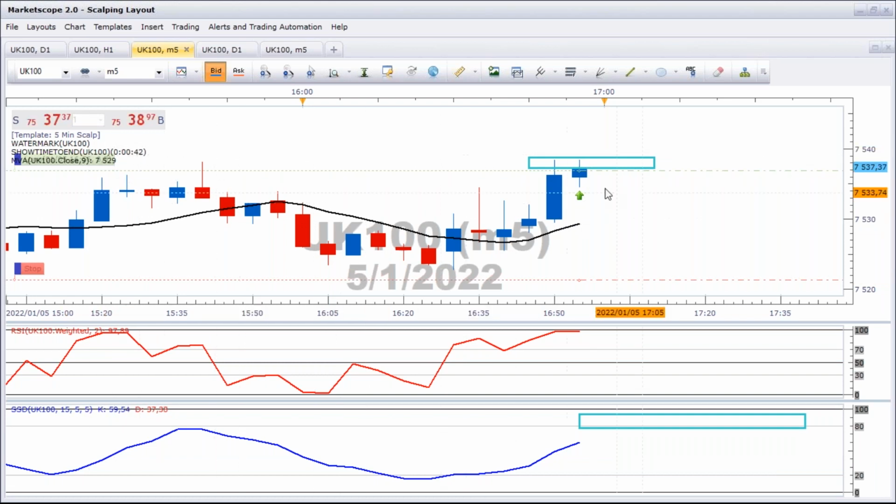We've got another 40 seconds. Another 8 seconds here. So the bulls are trying to get past this resistance.